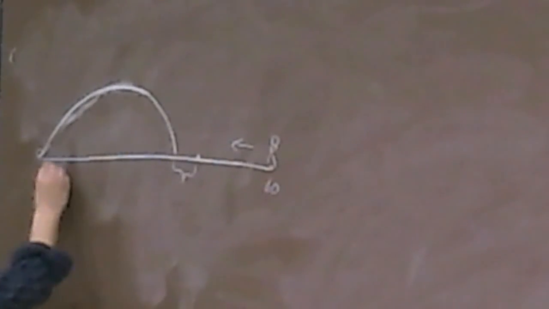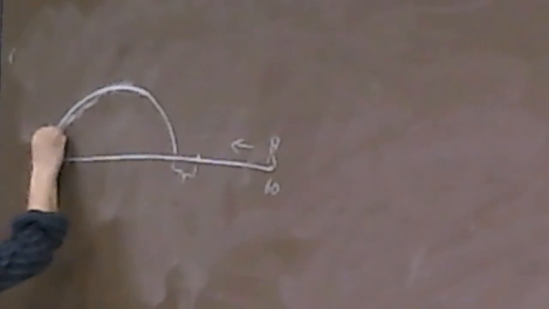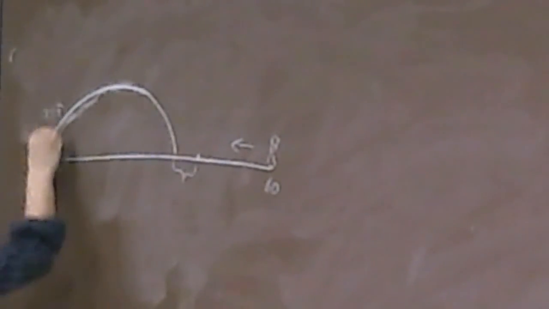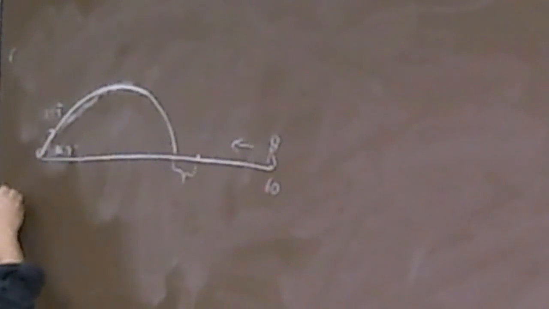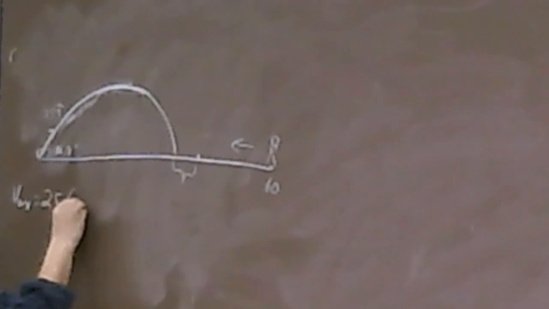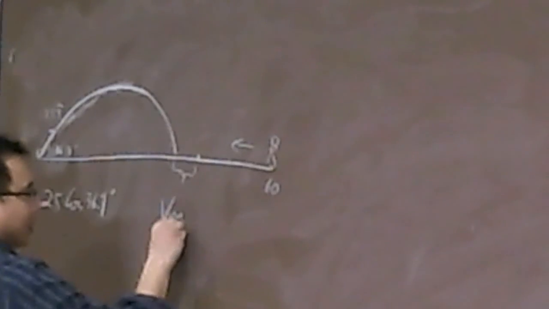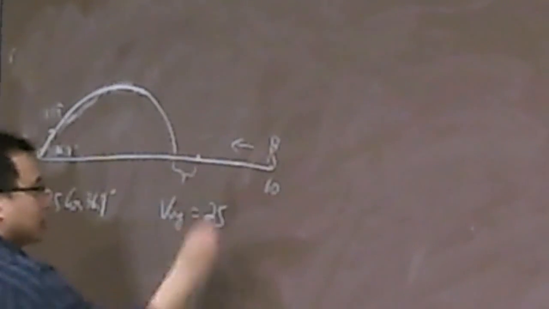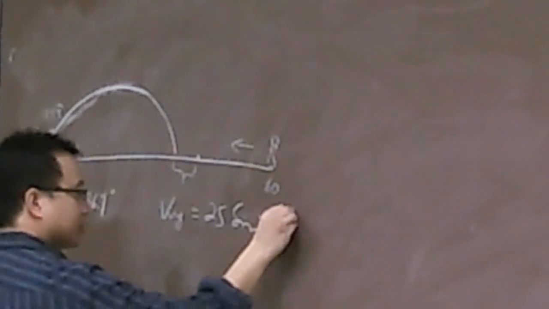So, the initial velocity for the ball is 25 meters per second. The angle is 36.9 degrees. So V naught x will be 25 multiplied by cosine 36.9 degrees. V naught y will be 25 multiplied by sine 36.9 degrees.